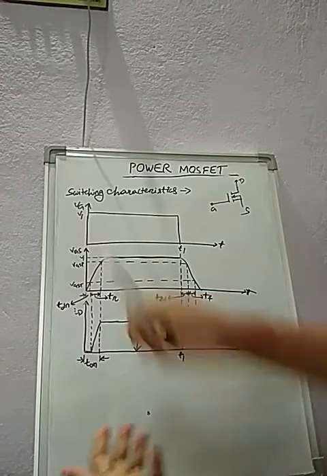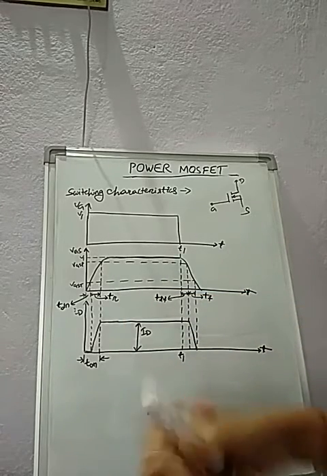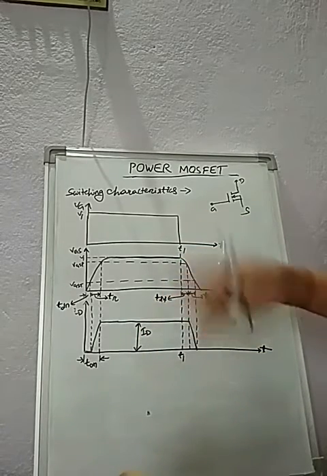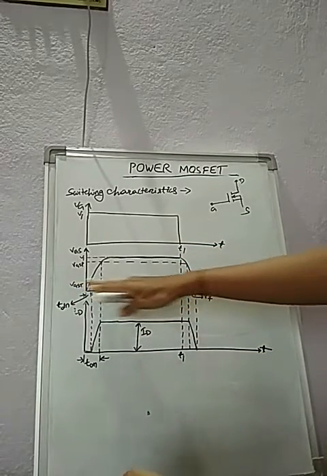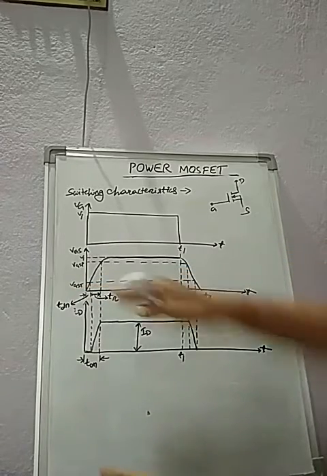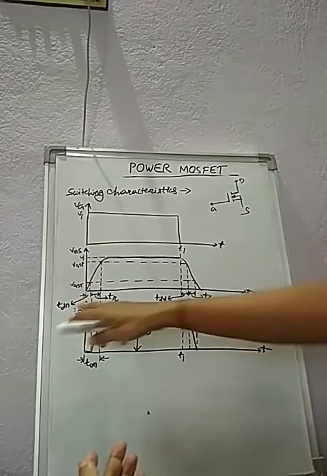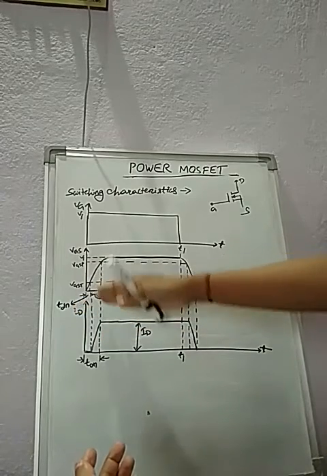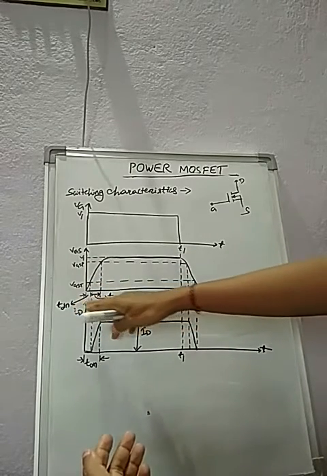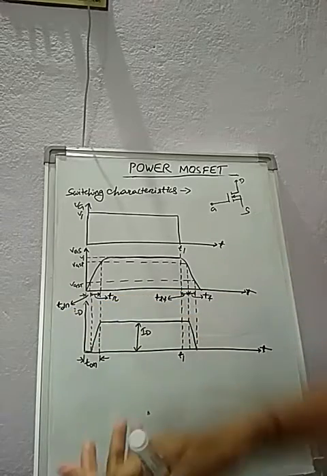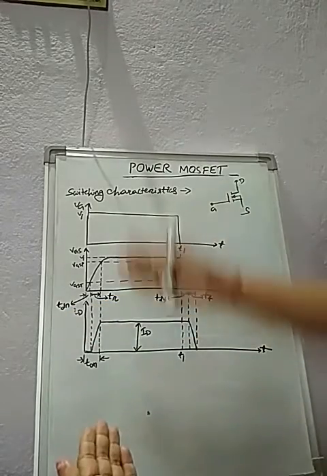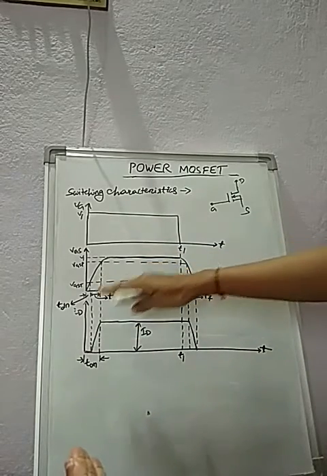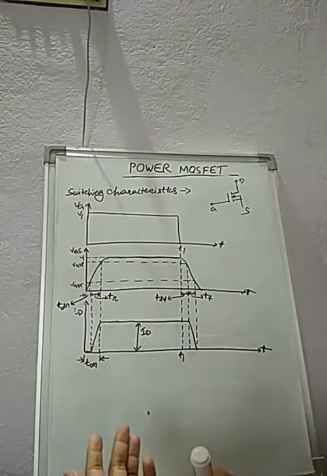During TDN, the device capacitance charges up to the level VGST. This is the threshold level of the gate source voltage. The turn on delay time is the time during which the device capacitance charges up to the gate source threshold voltage.